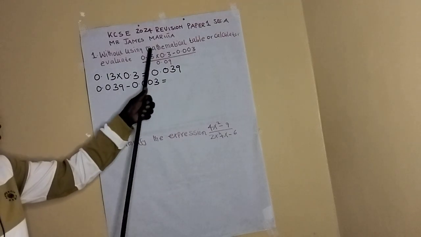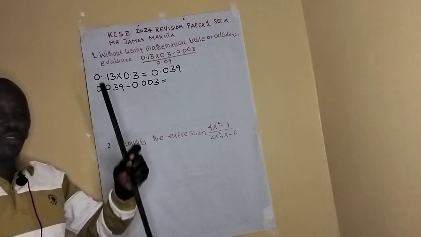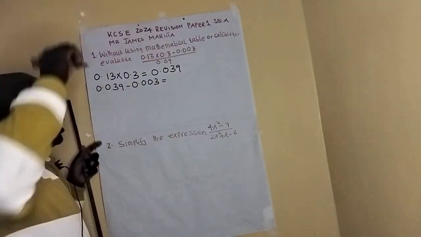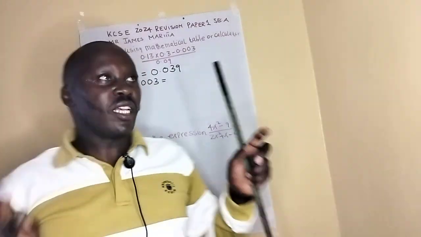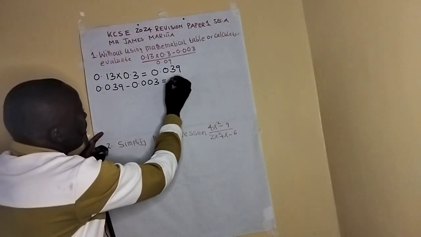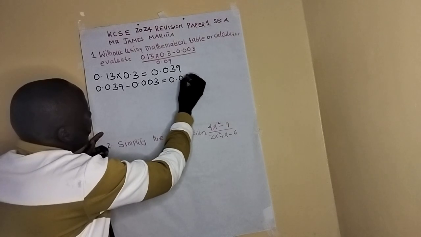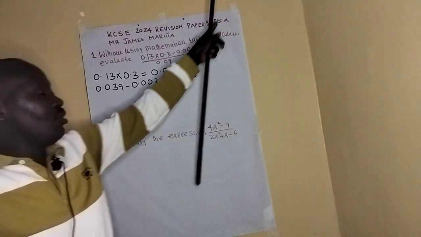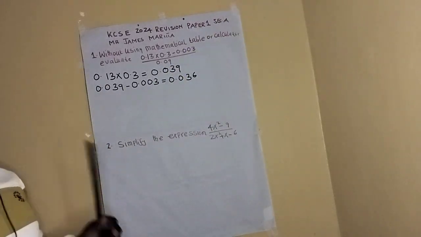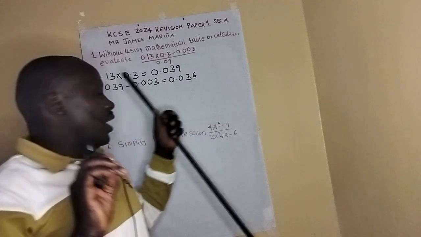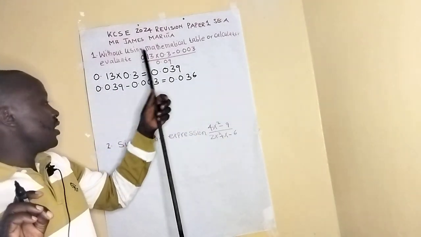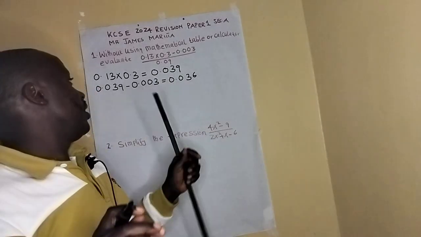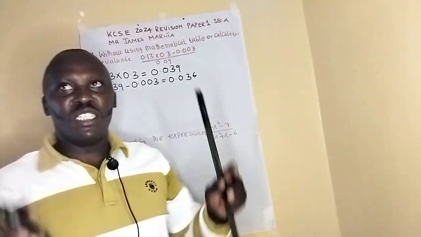After performing this subtraction, we get 0.036. We have done with 0.13 times 0.3 minus 0.003. We use the operation on numbers.